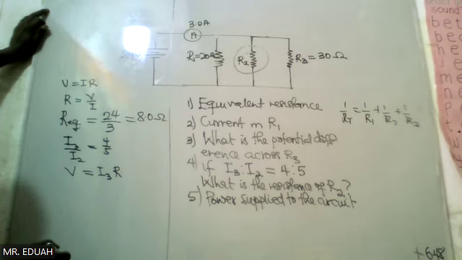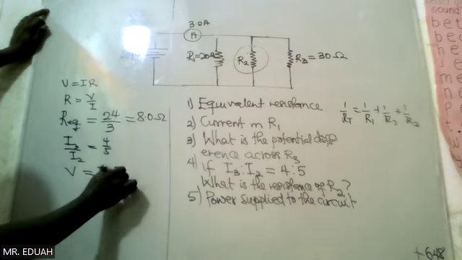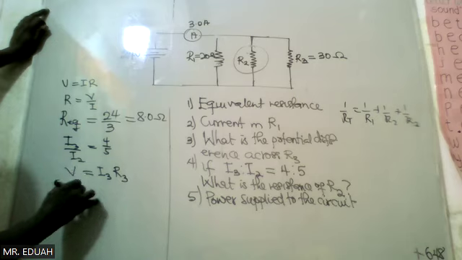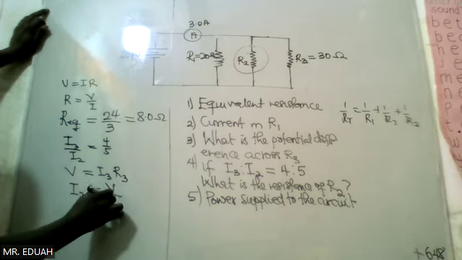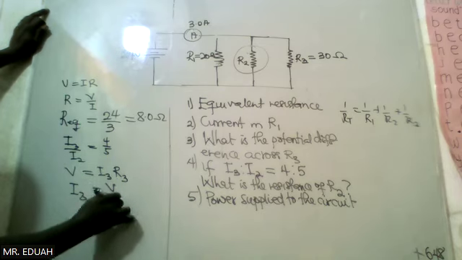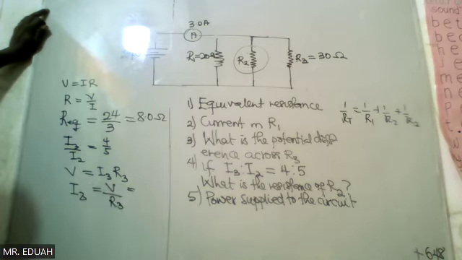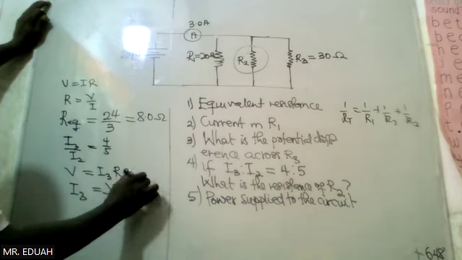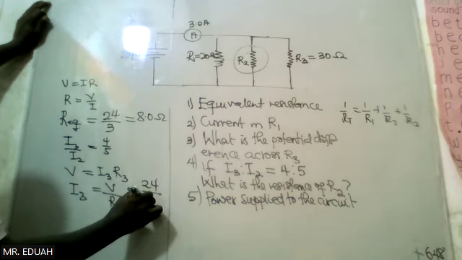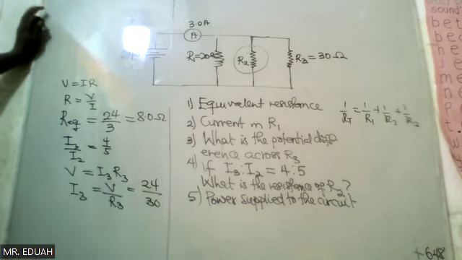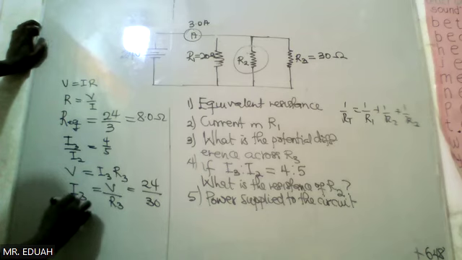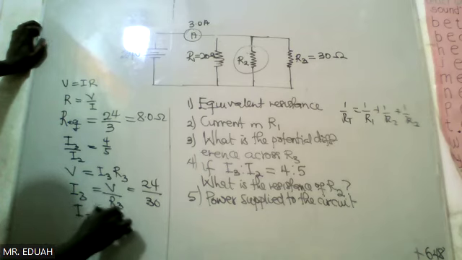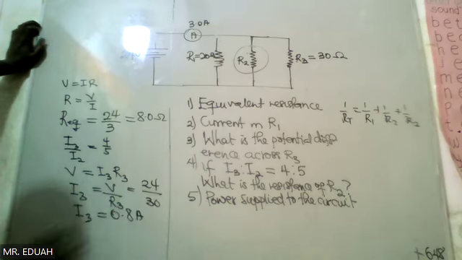So I3 is equal to V over R3, which is 24 over 30. That will give you 0.8 ampere.